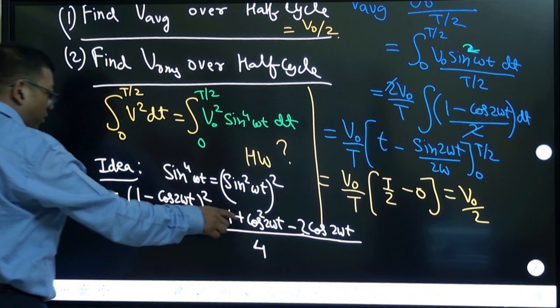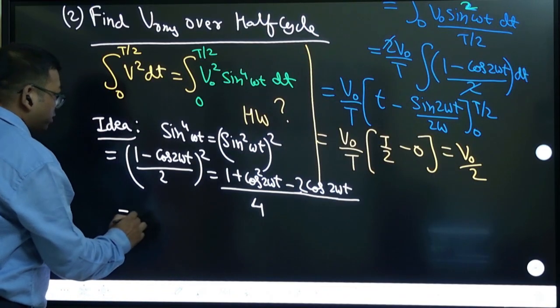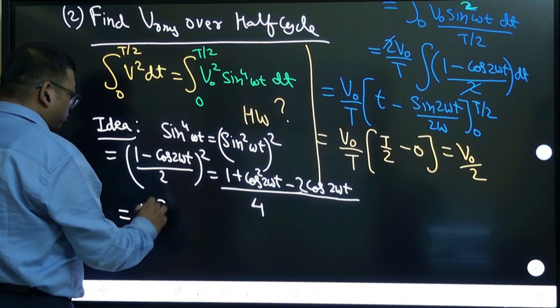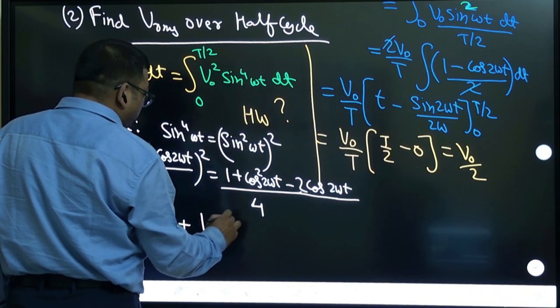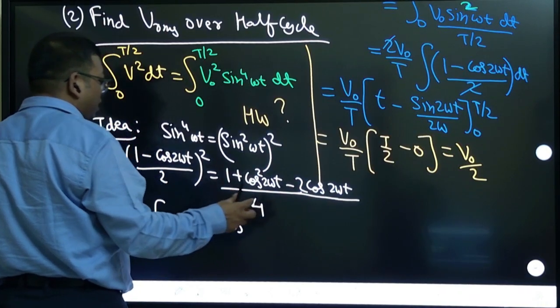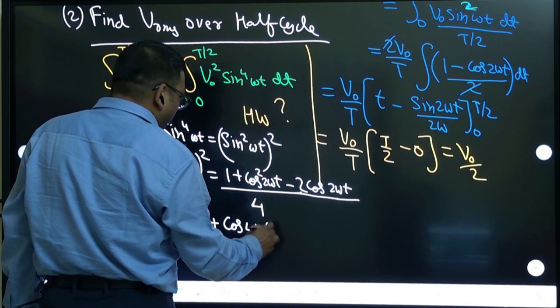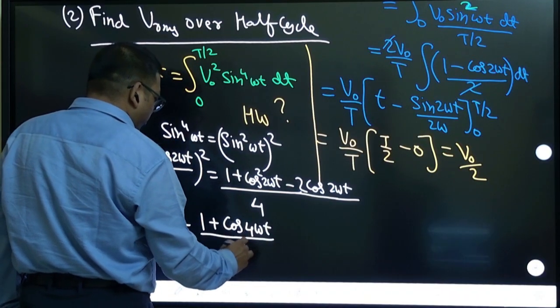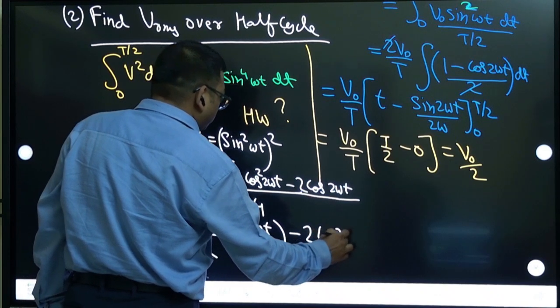Again, this cos square function we can break. I am taking 1 by 4 out. Cos square theta is 1 plus cos 2 theta divided by 2, so that will become cos 4 omega t. So this term is minus 2 cos 2 omega t.